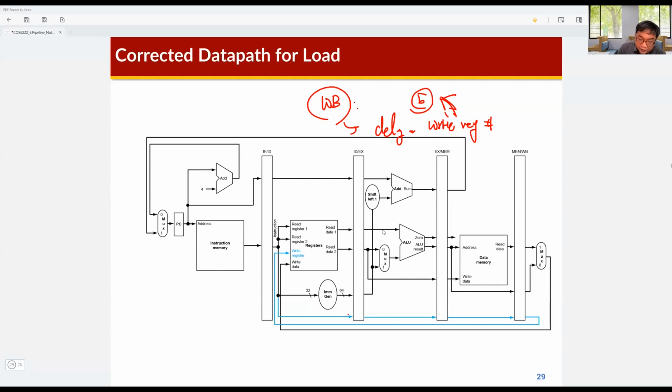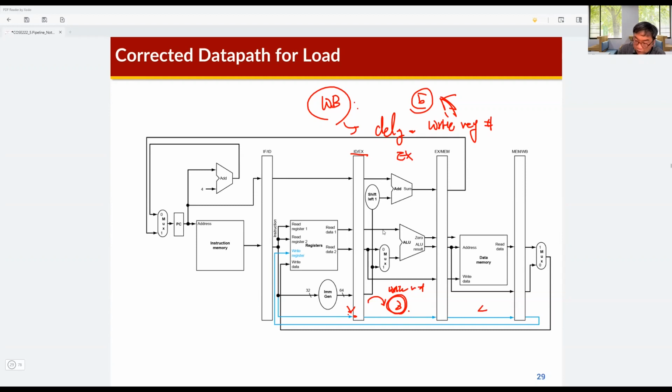So what does that mean? If you see this figure, the write register number is here. It is sampled by this pipeline register, the ID/EX pipeline register. At clock cycle number 3, this write register number is propagated to the EX stage.